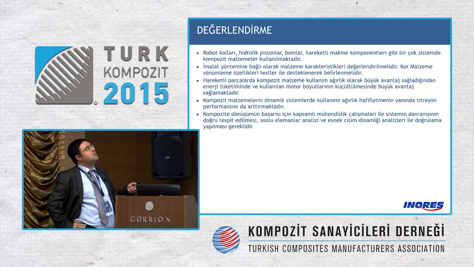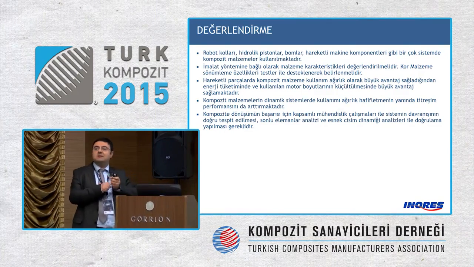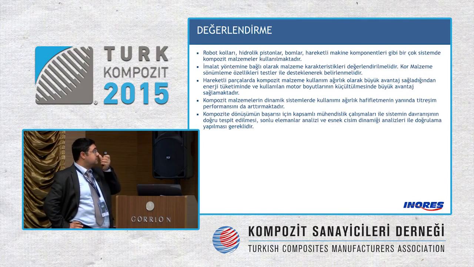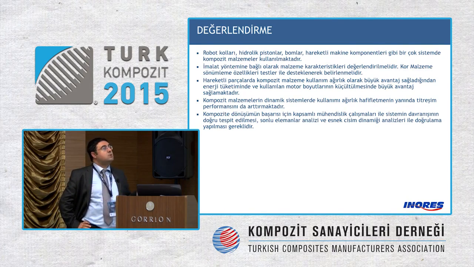So there are different areas that can benefit from composite materials, like robot arms, the hydraulic pistons, the bombs, the moving parts of the components. And the production method is very much important.